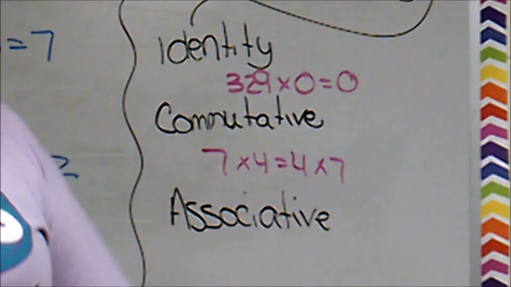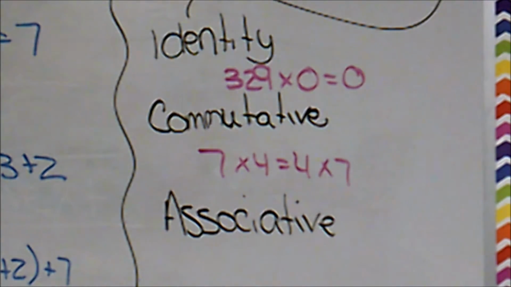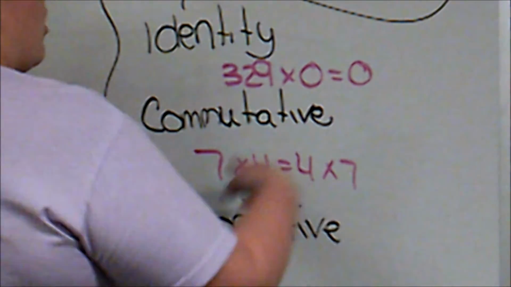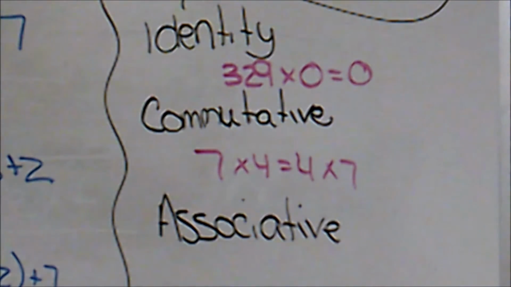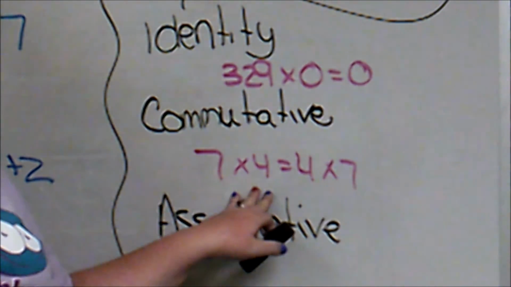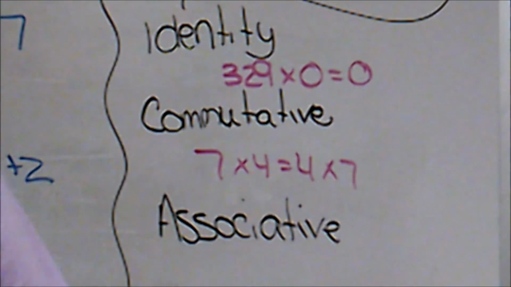It doesn't matter which way we write them, they are both going to give me the same product. This is something that was reviewed with you and discussed with you in 3rd grade when you first started learning about multiplication, because of the importance to know, if you know what 7 times 4 is, then you know what 4 times 7 is. So that's pretty nifty, because anytime you memorize a multiplication problem, you've actually memorized 2 multiplication problems. Okay?